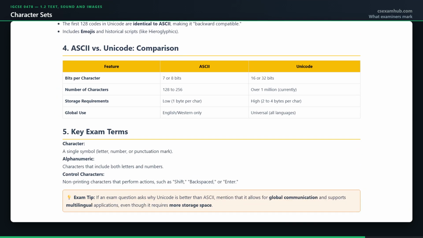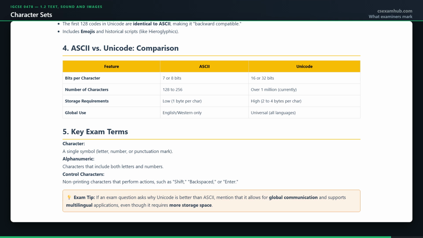4 things to take into the exam. First, define a character set as an agreed list matching characters to unique binary codes. The words agreed and unique both matter. Second, know the numbers. ASCII is 7 bits giving 128 characters, extended ASCII 8 bits giving 256, Unicode 16 or 32 bits giving over a million.